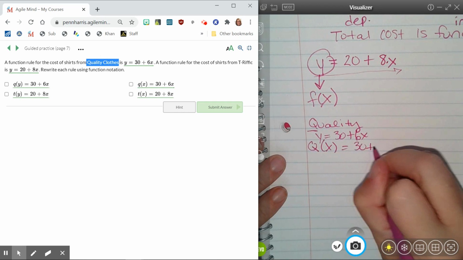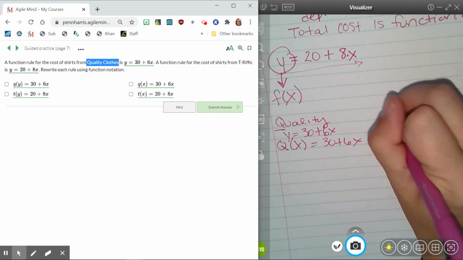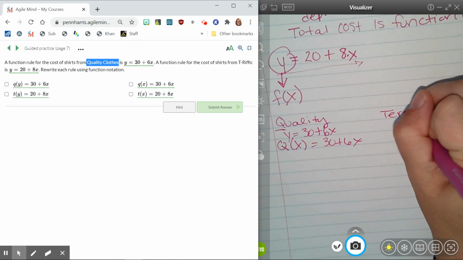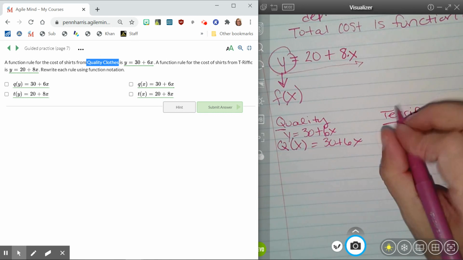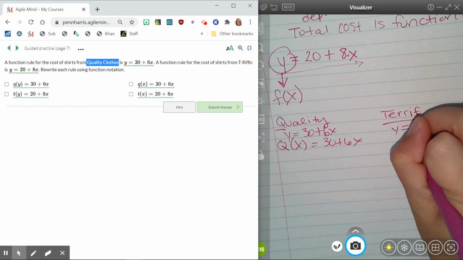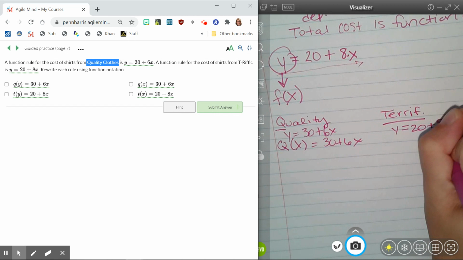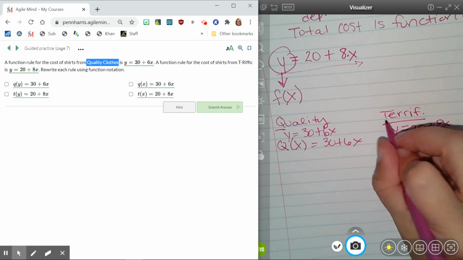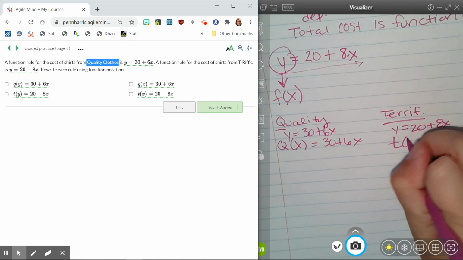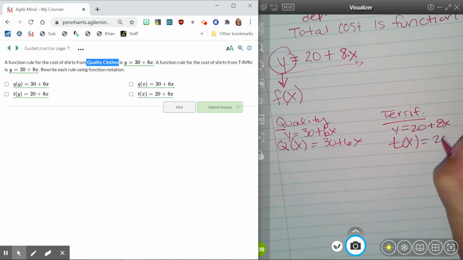And over here, Terrific Tees, their equation was y equals 20 plus 8x. So we would probably call this T for Terrific. T of x equals 20 plus 8x.